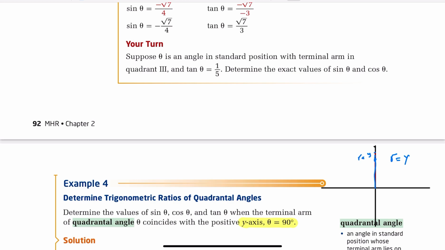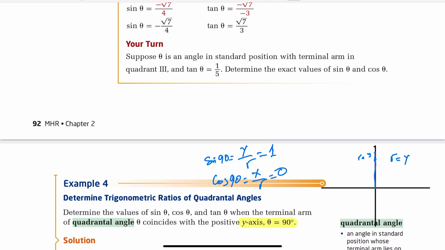So the sine of 90 degrees, we all know, is y over r, which is 1, and the cos of 90 degrees is what? Is x over r, but x here is 0, there is no x, so it will be 0.